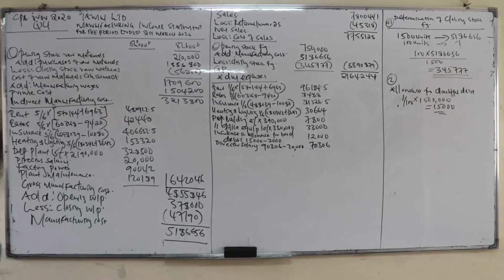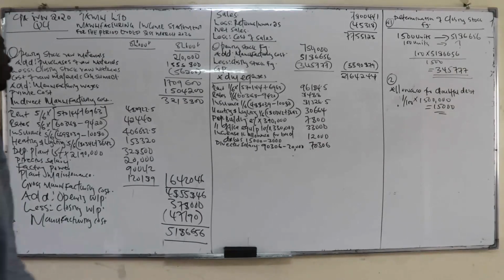Okay, we are done. Then we have been told directors and office salaries of 37,000 paid to the salesman, right? So there are office salaries. So we will take out the salesman's, which falls under distribution cost, isn't it?